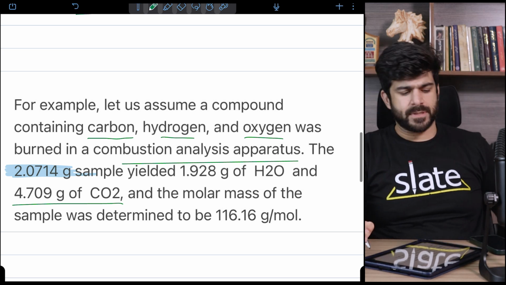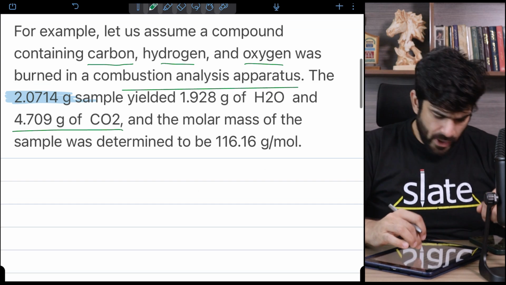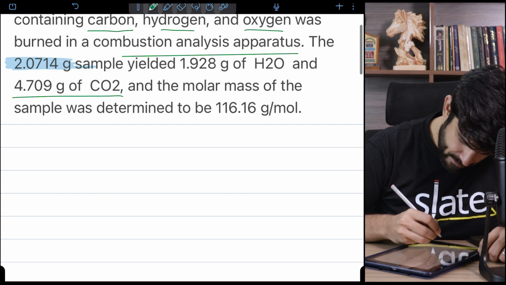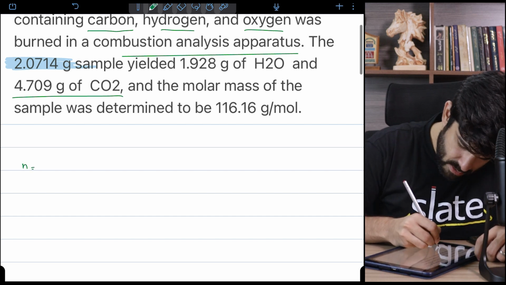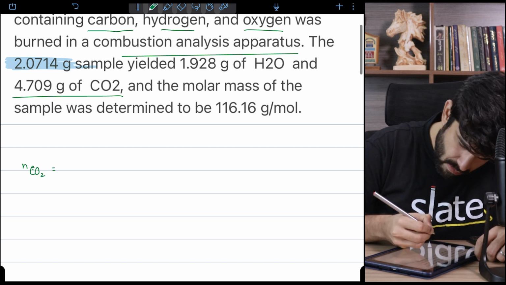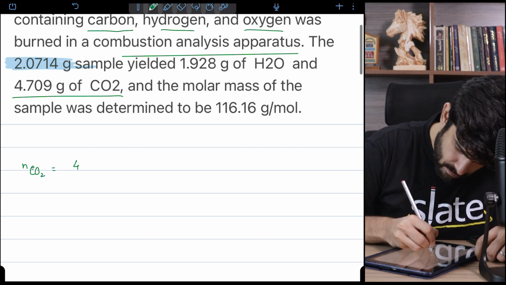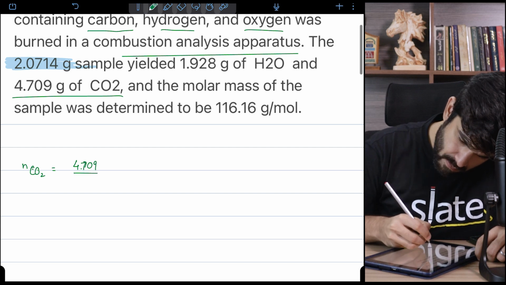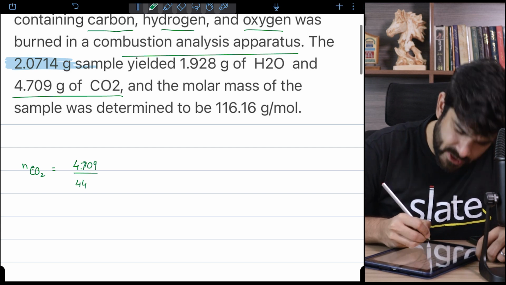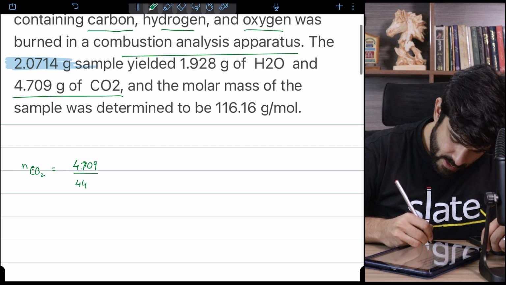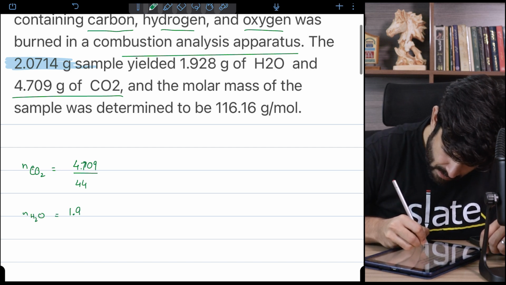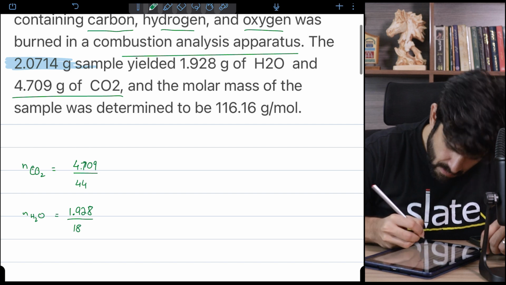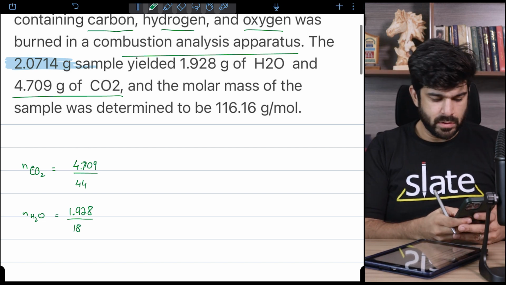So what shall be the steps? The same ones. First, we calculate the moles of carbon dioxide, mass over MR, divided by 44, which is the MR of carbon dioxide, and moles of water. So let's calculate the values.